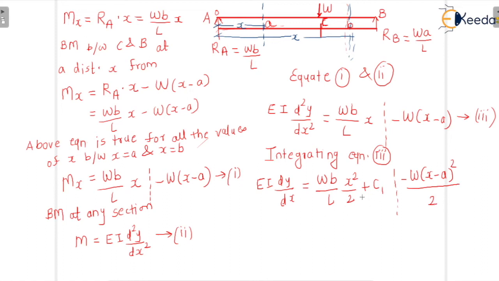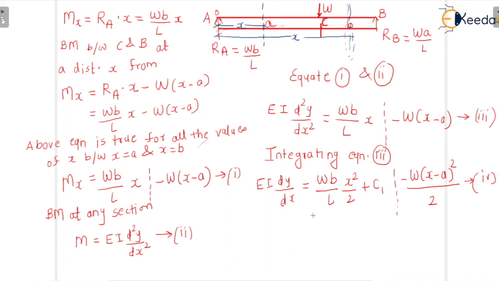Here C1 is the constant of integration, and it should be written after the first term, not after the end. And the whole bracketed term is kept together, we are not separating it. So name this equation as equation number 4.